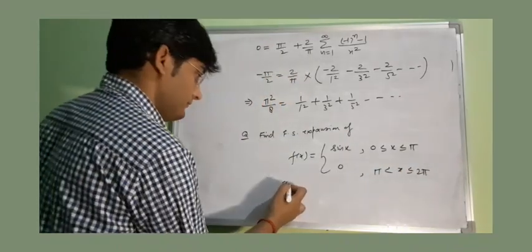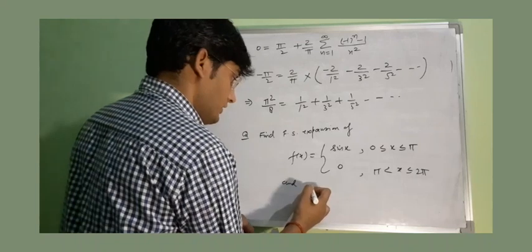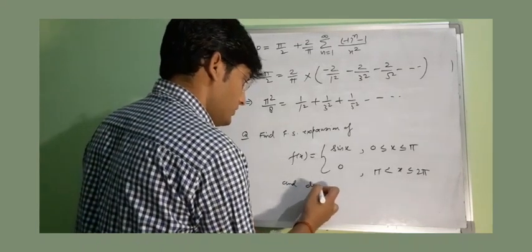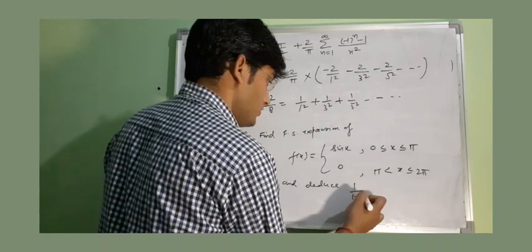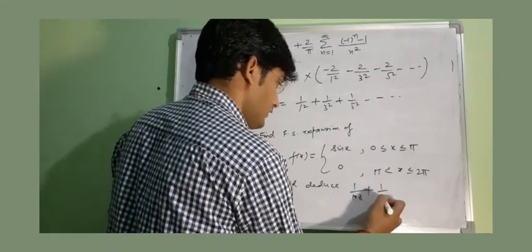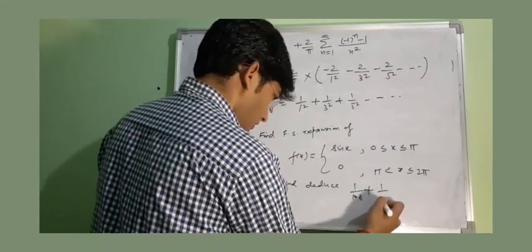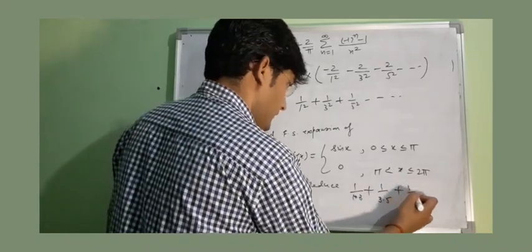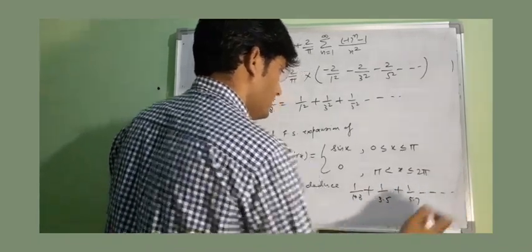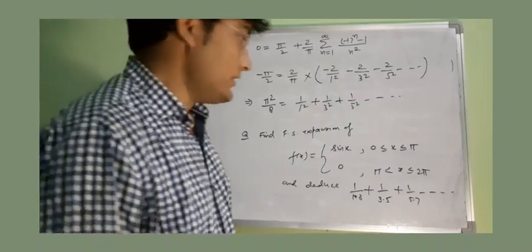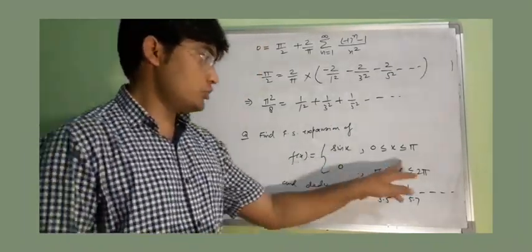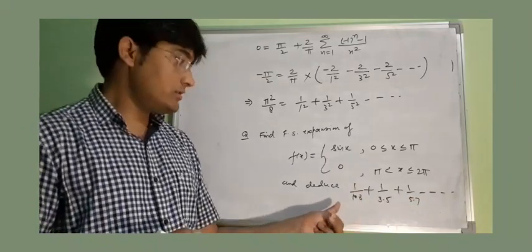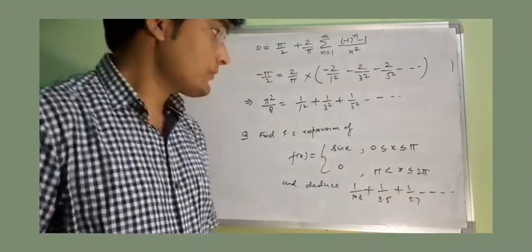And further evaluate and deduce the sum of this series 1 into 3 plus 3 into 5 plus 5 into 7 and so on. So first of all, find the Fourier series expansion of this sin x in the interval 0 to 2 pi, and hence evaluate the sum of this series.